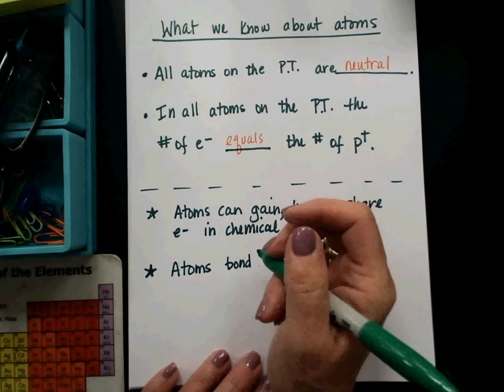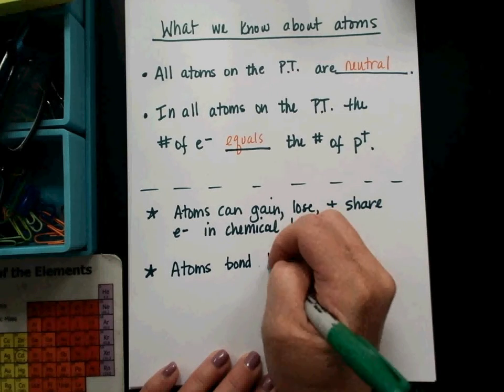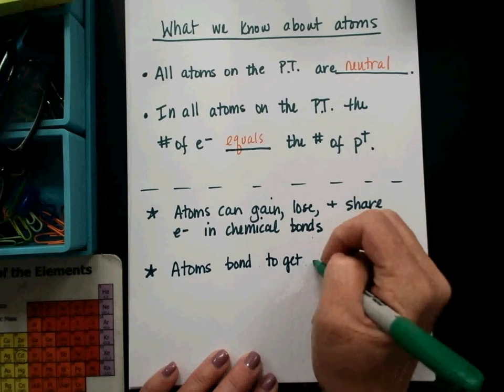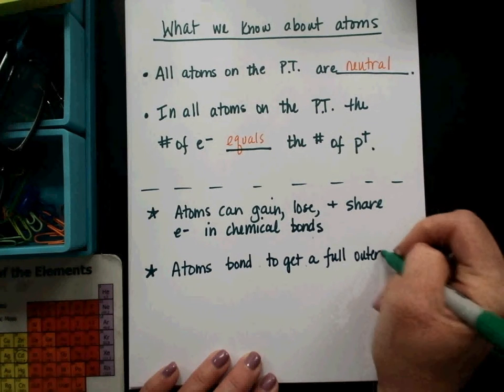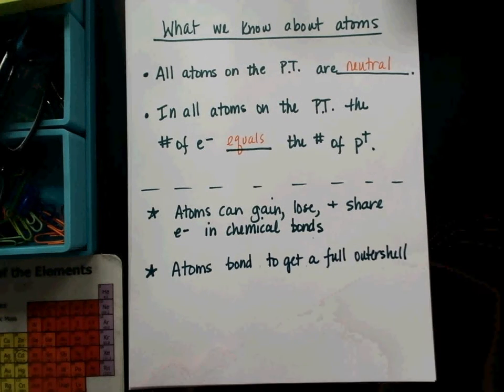The reason atoms bond and make compounds is to get a full outer shell.